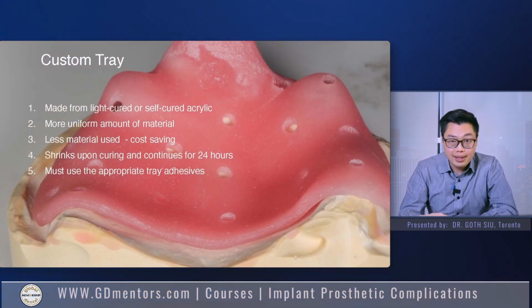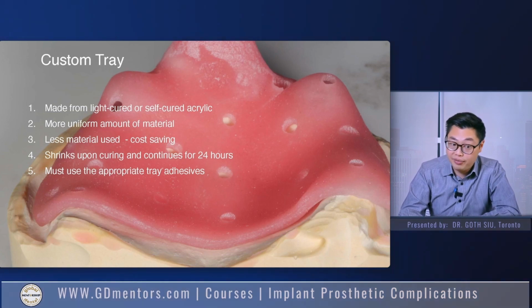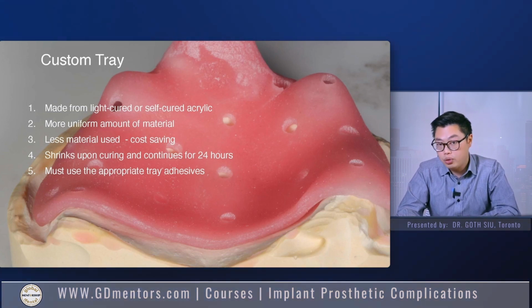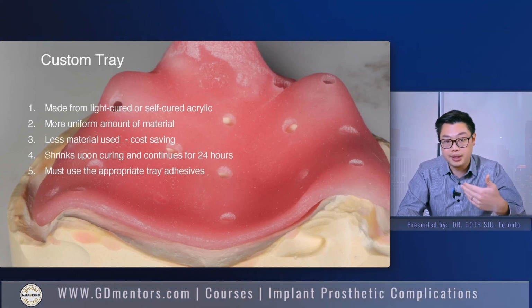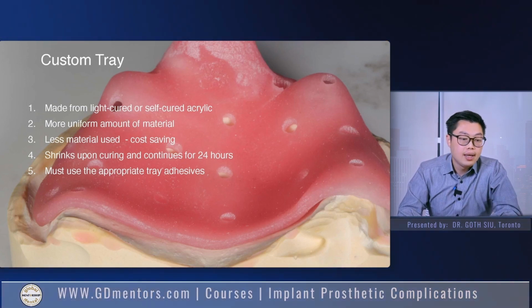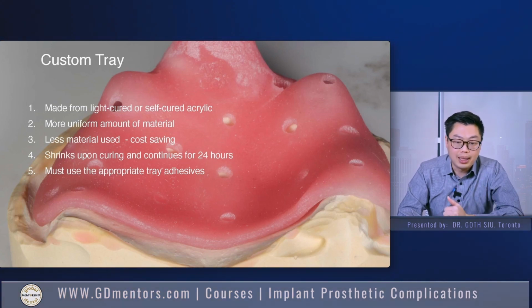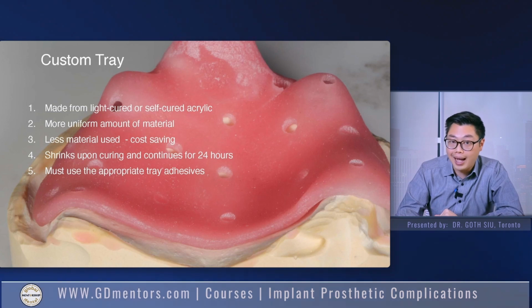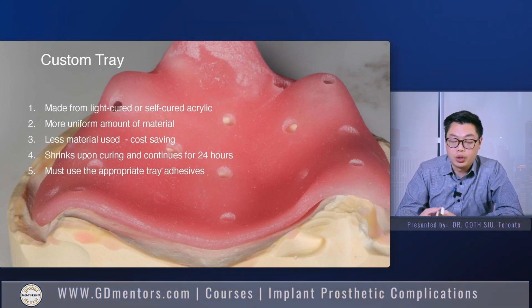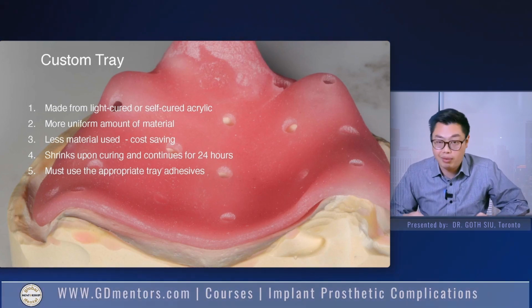Custom trays, if you're taking impressions, the tray can actually influence how well things fit. If you're using custom trays, which saves you materials and supposedly make things more accurate, you got to be aware of when the lab makes you that tray, because if they're using Triad, there's studies that show that the tray material will actually shrink over the next 24 hours.